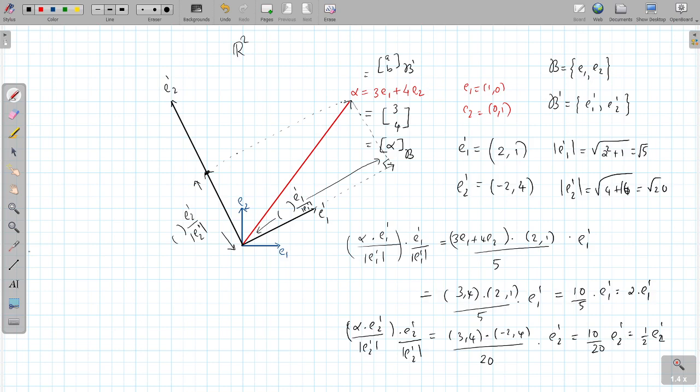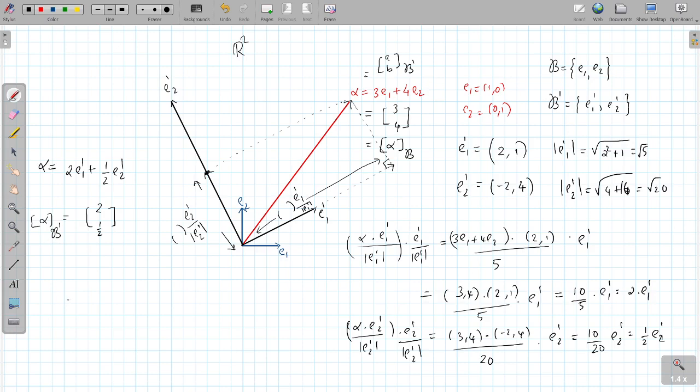So this alpha can be written in terms of e1 prime and e2 prime. You can write it as 2 times e1 prime plus 1 by 2 times e2 prime. So this will give the coordinate of alpha with respect to B prime, which is equal to (2, 1/2). Okay, this is the coordinate of alpha with respect to B prime.